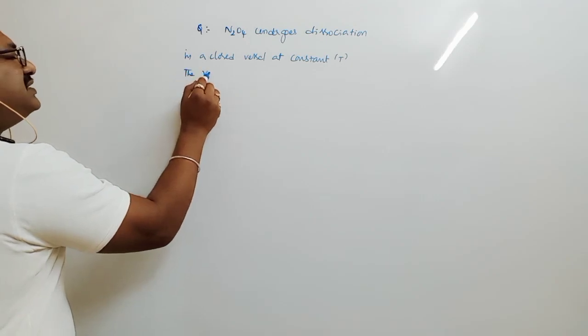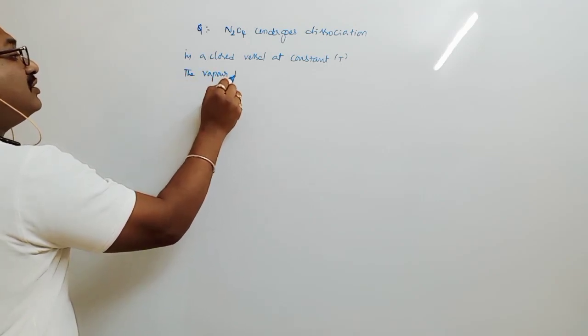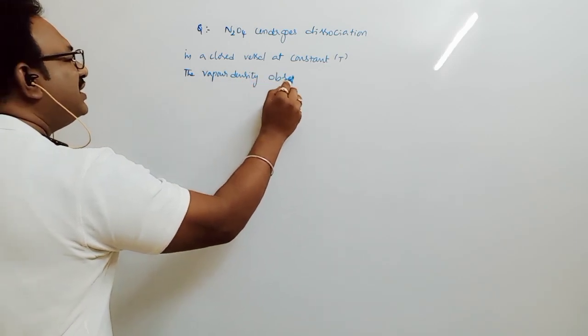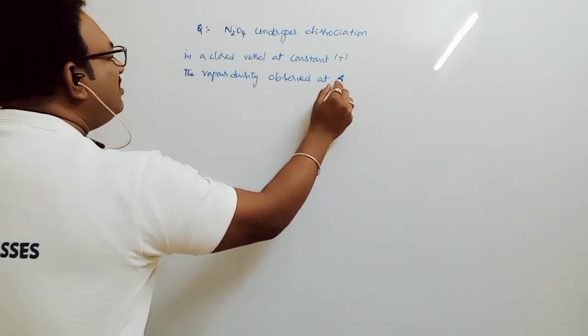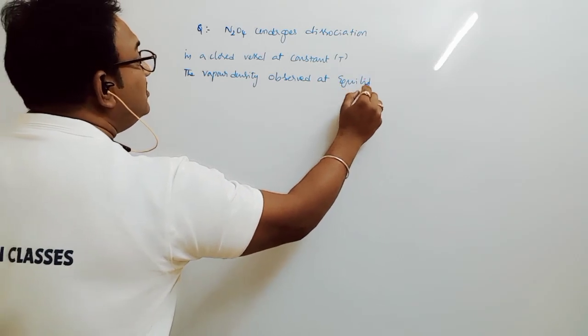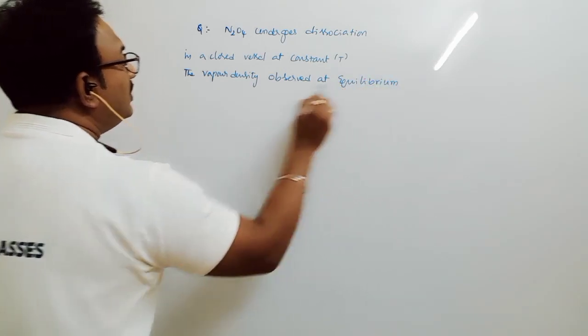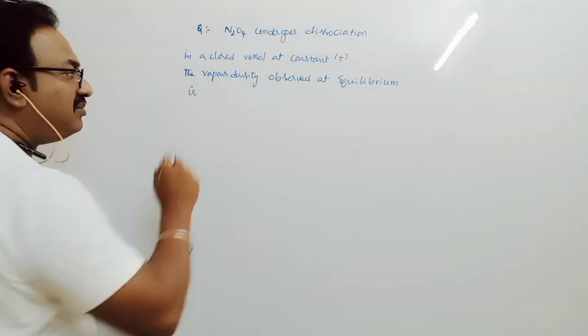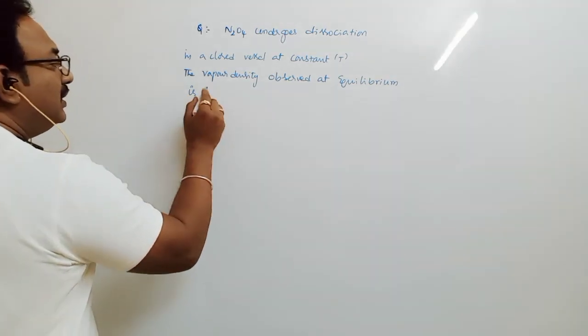The vapor density observed at equilibrium is 30.